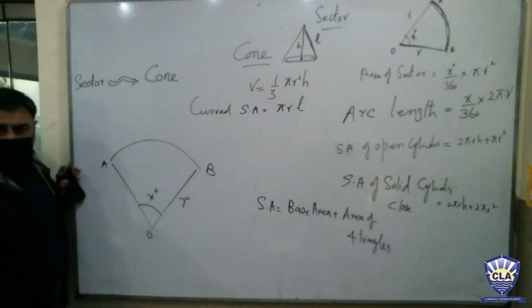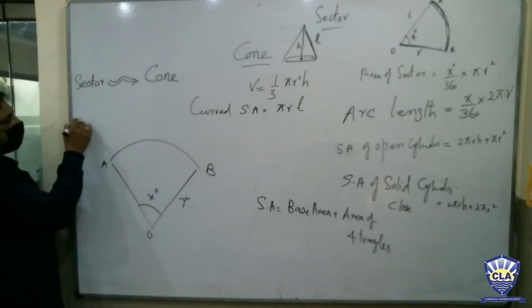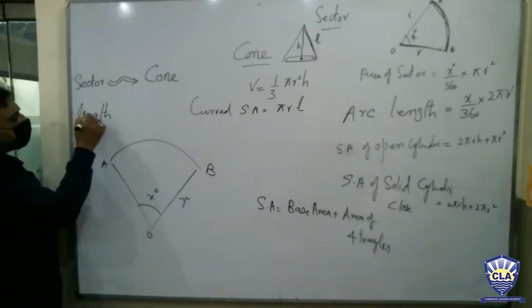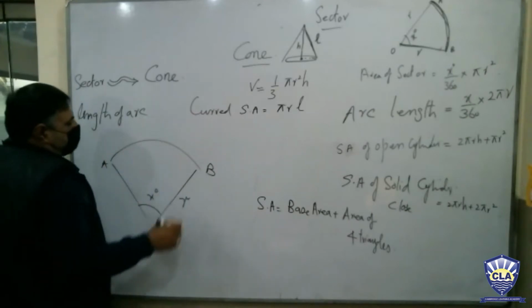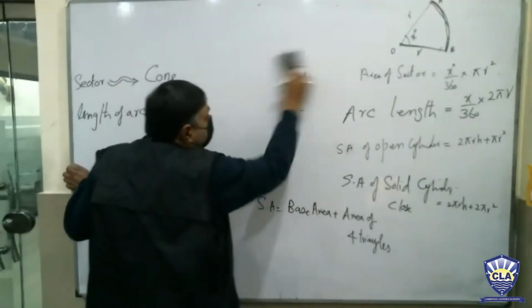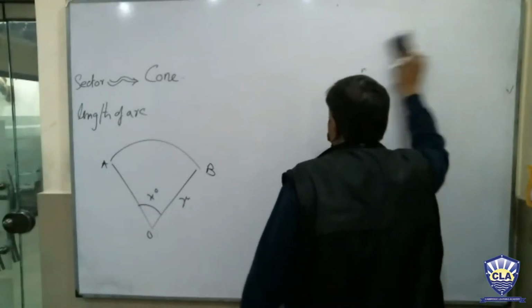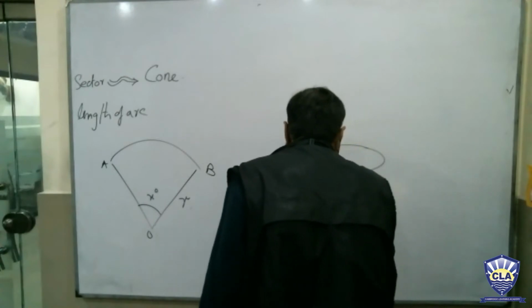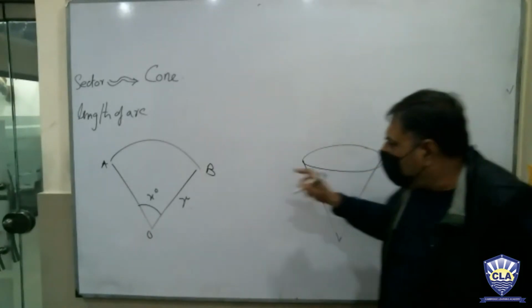AB is the length of arc. So the length of arc AB is converted into the circumference of the cone.